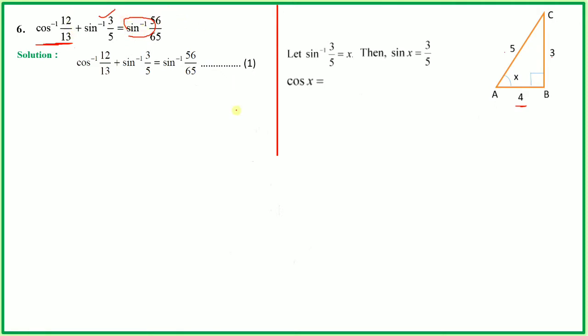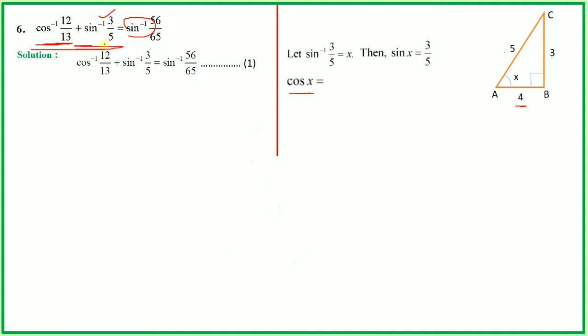Here, as you can see, I'm going to write cos x. Why? Because the right hand side is sine inverse. In the left hand side we will be converting both the things into sine of a plus b.